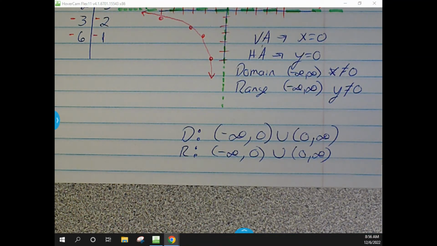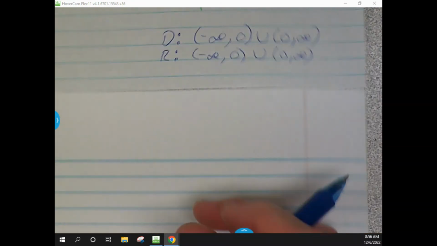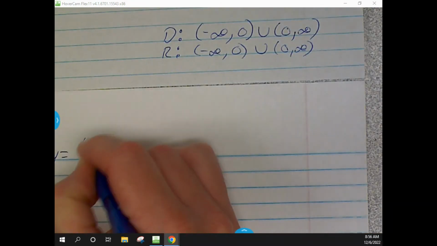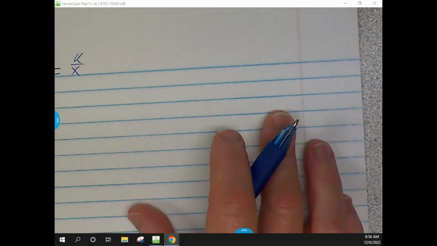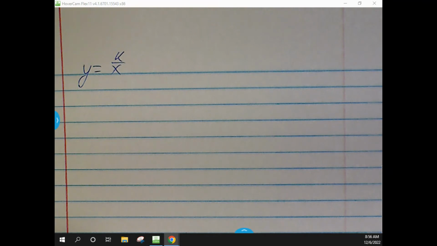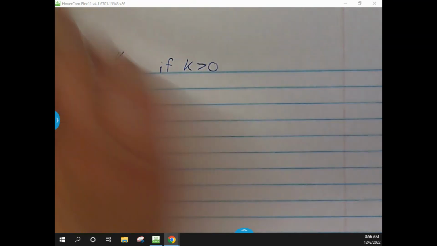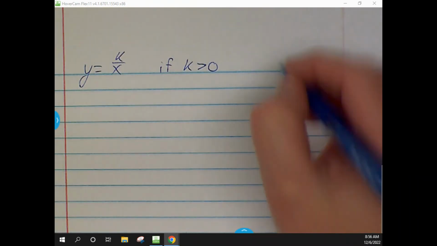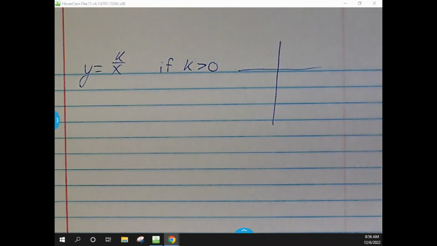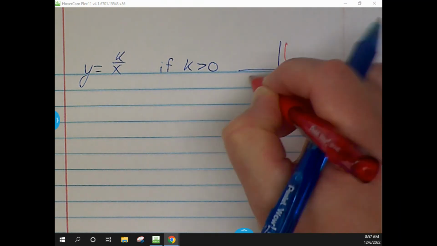Okay, so that's kind of the next little thing. We're going to just put stuff into categories and tendencies and how stuff's going to happen here. That if you have y equals k over x, if we go back to what we were doing yesterday with the inverse functions, if we had y equals k over x, if k is positive, so if your k is greater than 0, the graph will always look something like that.